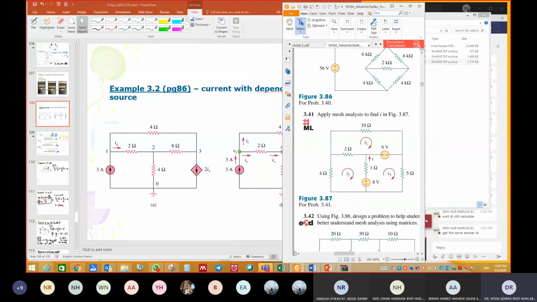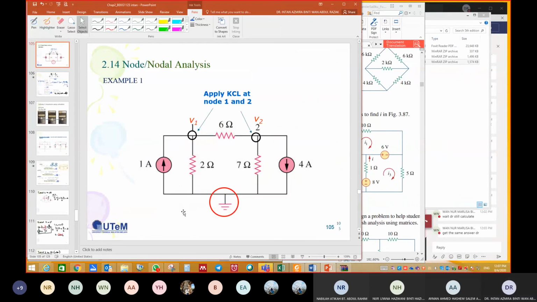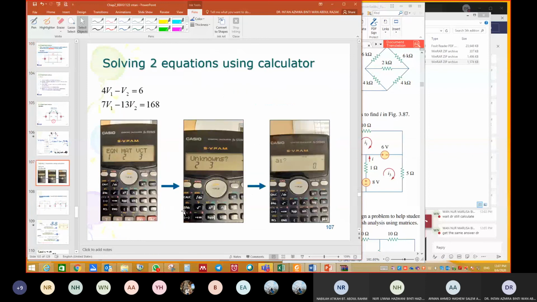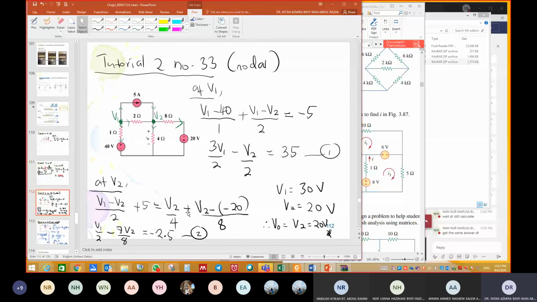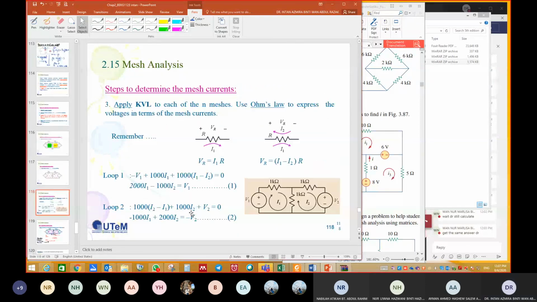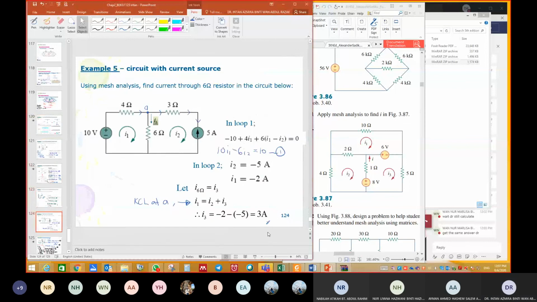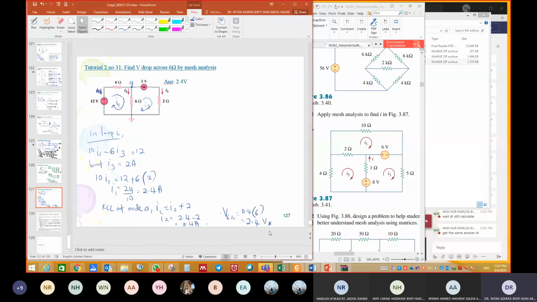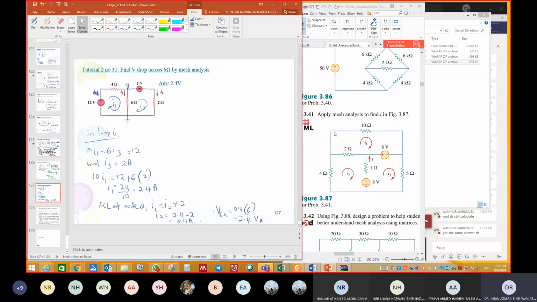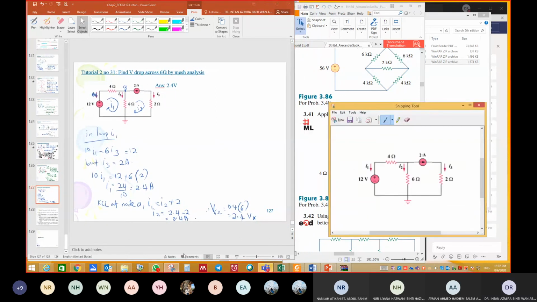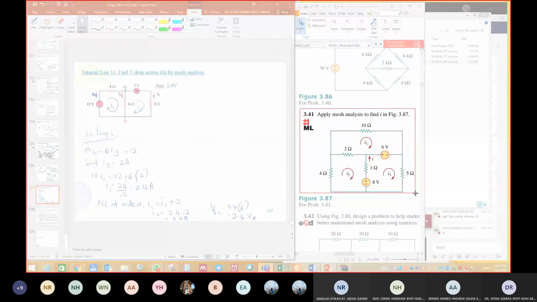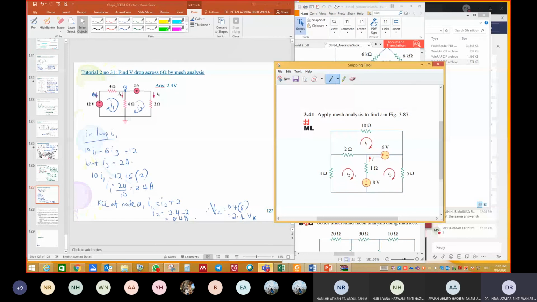If we use nodal, how many nodes in this question? Four. Only three, okay?